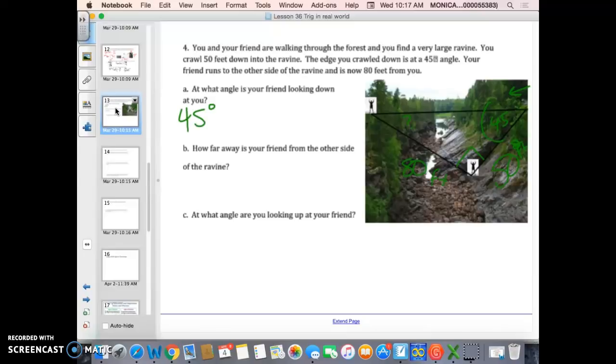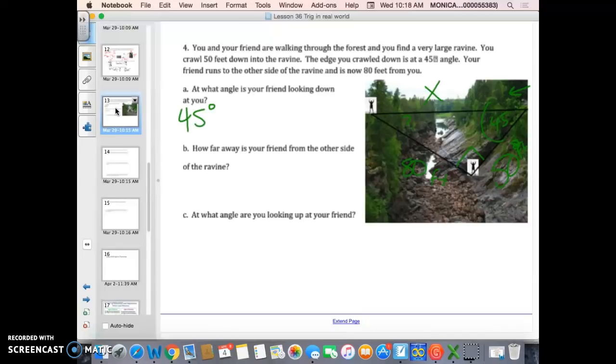Then you want to know how far is your friend? Well, that's x. So x is going to be here. And so you're going to set up a problem. It doesn't matter which one you set up. I would do, let's do cosine.